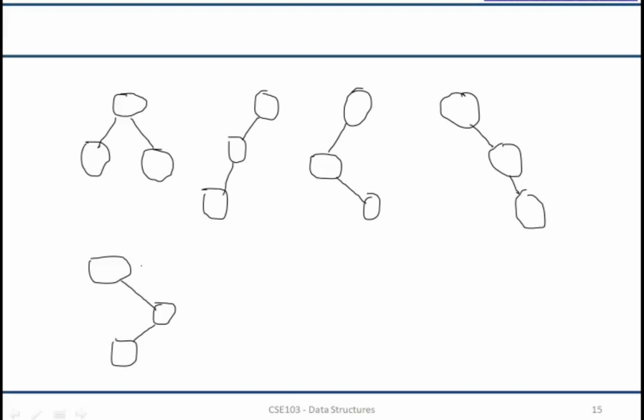So these are all the different possibilities of binary trees we can create using three nodes.